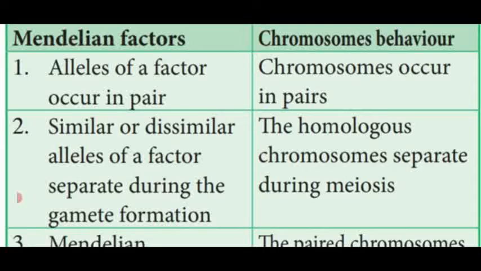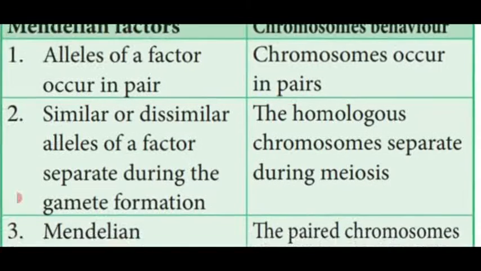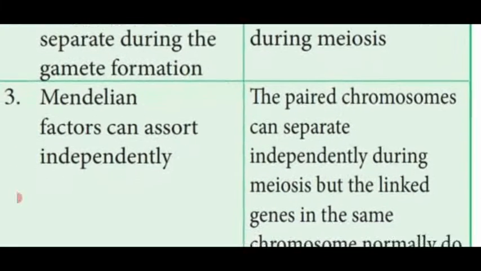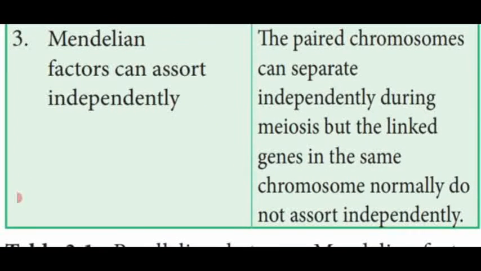Likewise, chromosomes also occur in pairs. Similar or dissimilar alleles of a factor separate during gamete formation. Likewise, the homologous chromosomes also separate during meiotic cell division. Then Mendelian factors can assort independently, and the paired chromosomes can separate independently during meiotic cell division.